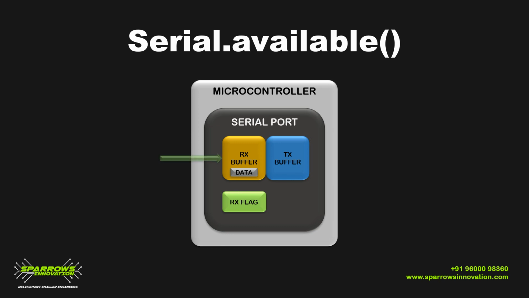Unlike the transmitter flag, it will not automatically change to 0. So when the flag is set, you have to verify it. We have to check whether the flag is set or not.